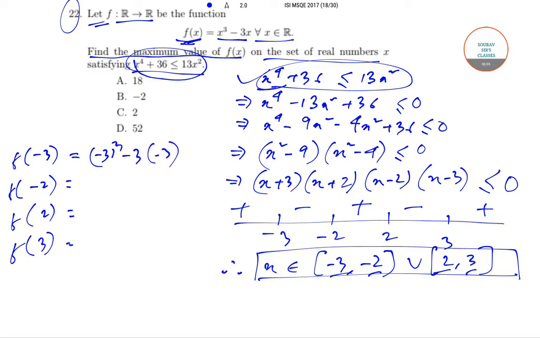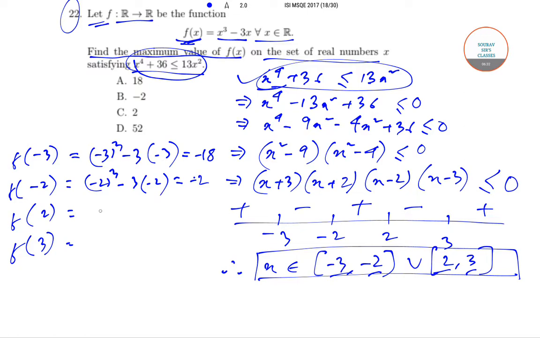So (-3)^3 is -27, -27 + 9 will be equal to -18. f(-2) will be given by (-2)^3 - 3 times (-2). So (-2)^3 is -8, -8 + 6 will be equal to -2.